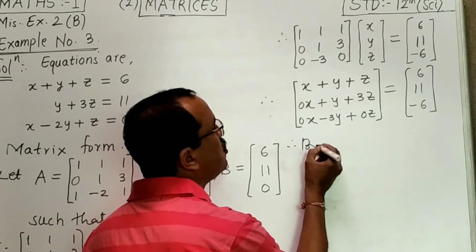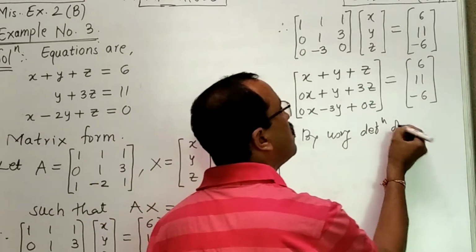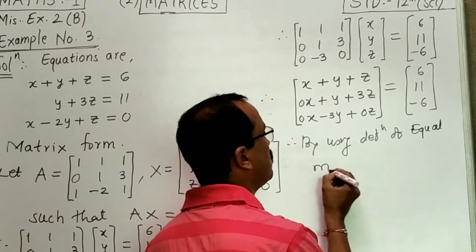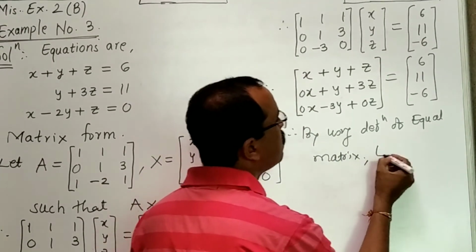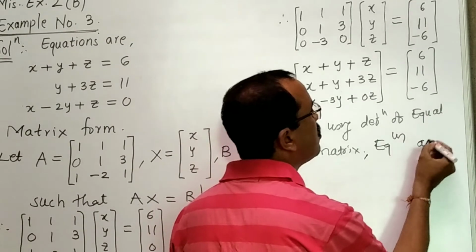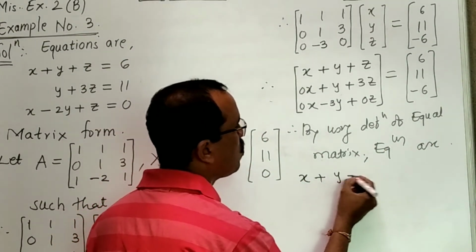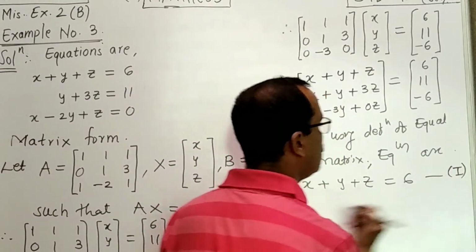Therefore, by using the definition of equal matrices, equations are: first equation is x plus y plus z is equal to 6. This is equation number 1.